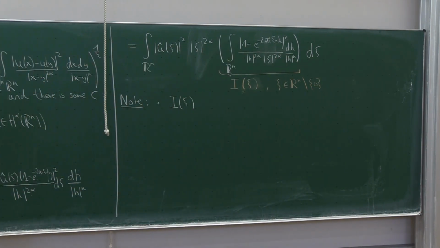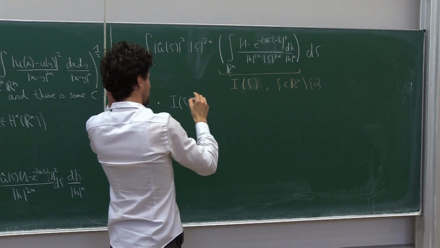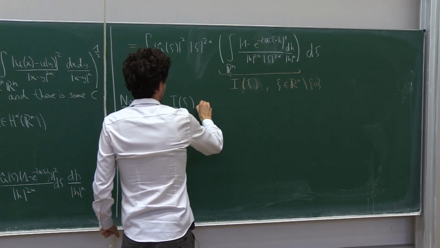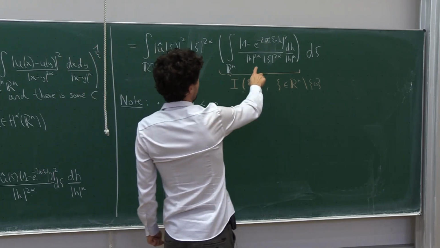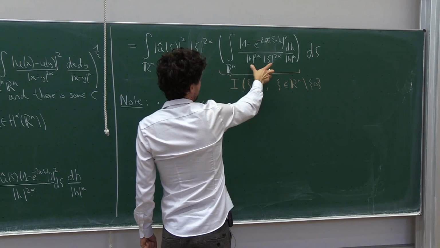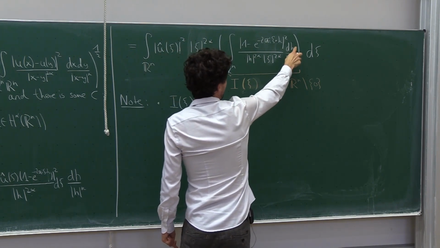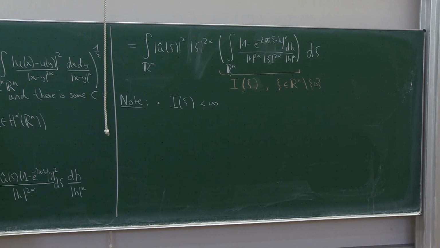And so this I of psi is finite, I claim. And why is this? Well, you have to see that this integral is finite. This dh over h to the n in n dimensions is precisely a power that is not integrable, neither at 0 nor at infinity.